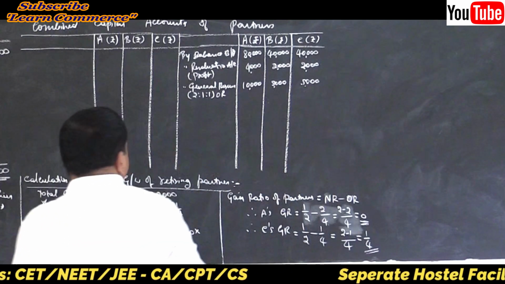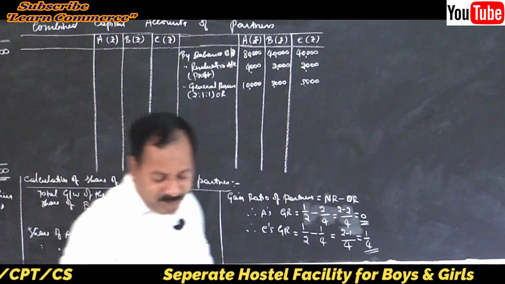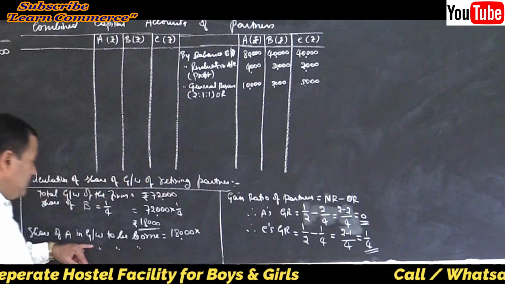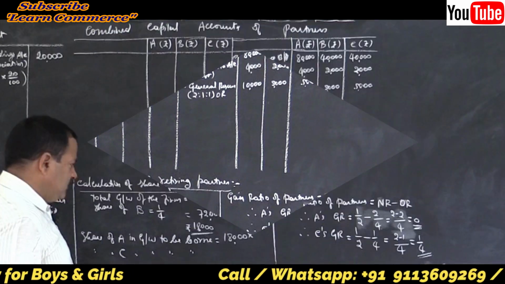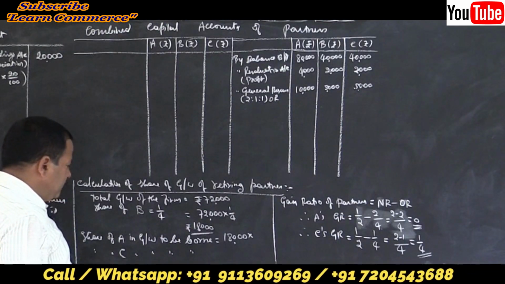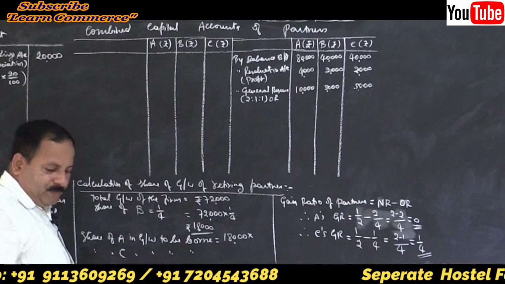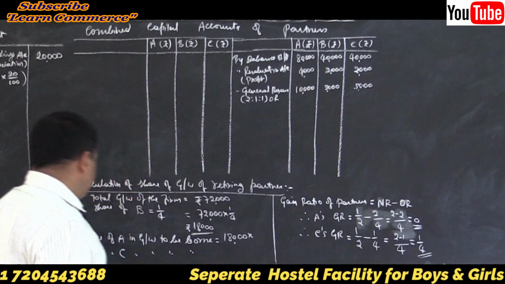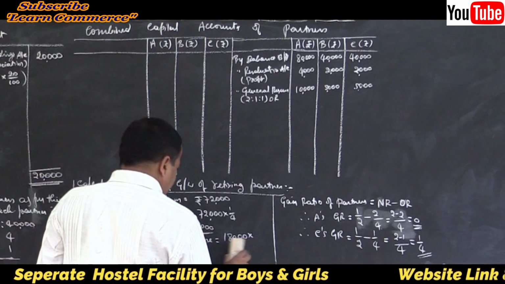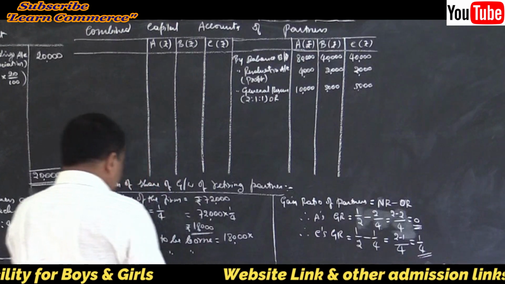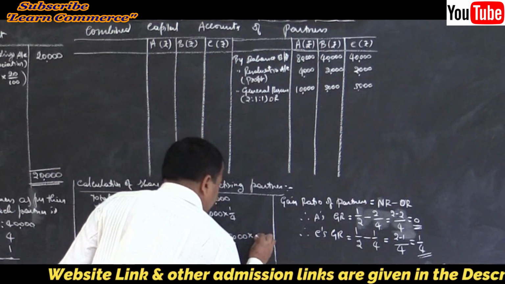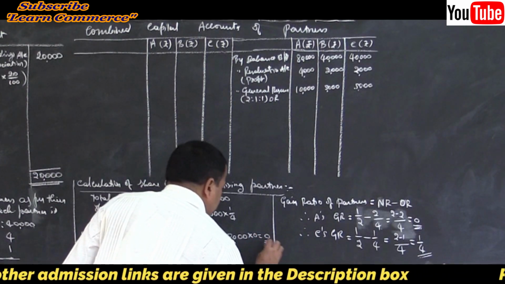Yes. Now let us move on to the problem again. Here 18,000 should be borne by Chandru alone. So we have to write like this: goodwill to be borne by Amit is 18,000 into 0 is equal to 0.